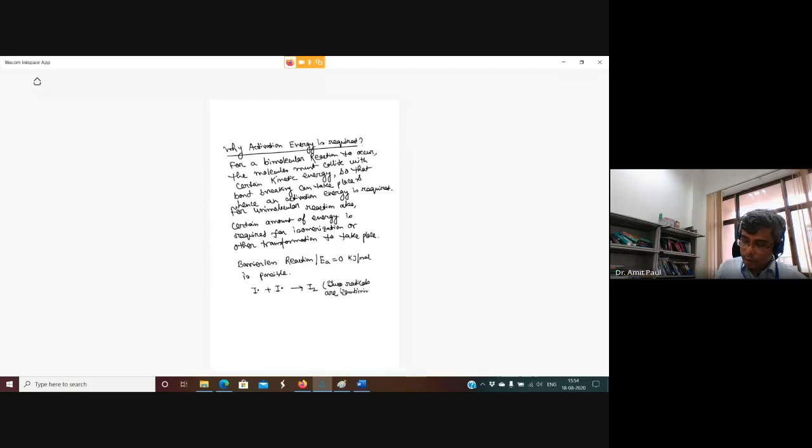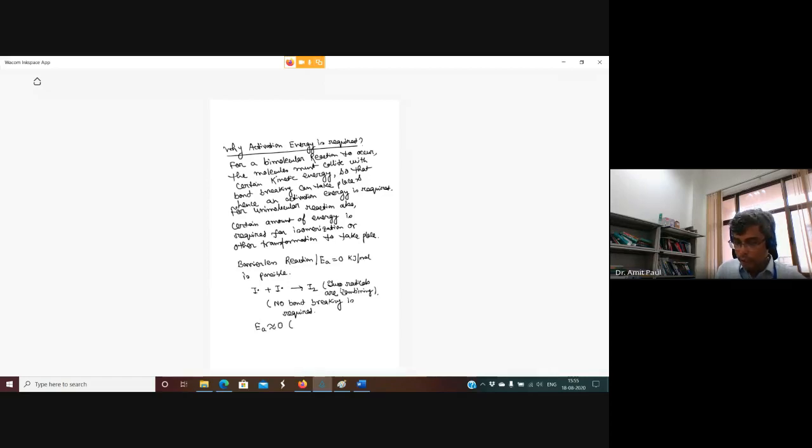So in this process, we are not really doing any bond making or bond breaking. No bond breaking is required, and hence for this reaction the activation energy is almost equal to zero.